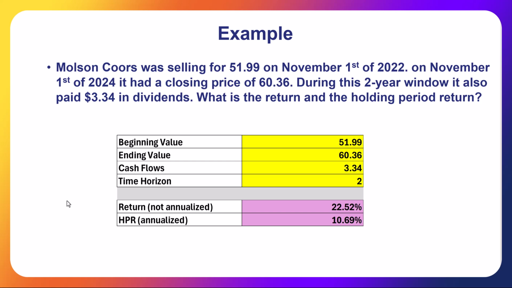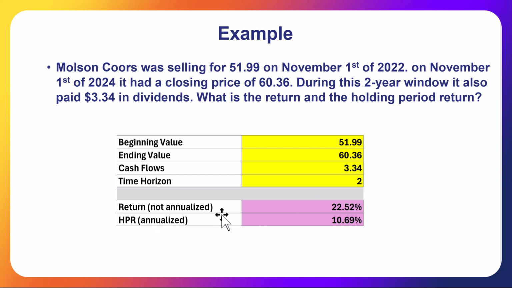What's the return and the holding period for this investment? Again, entering our capital gains, we bought it for $51.99 and we could sell it for $60.36. The cash flows for the time period was $3.34, but now the time horizon was a 2-year window.